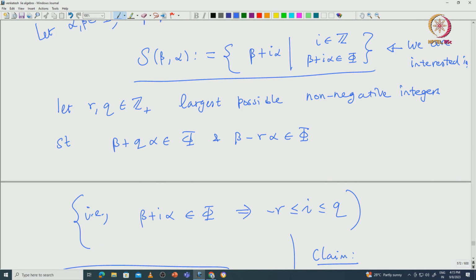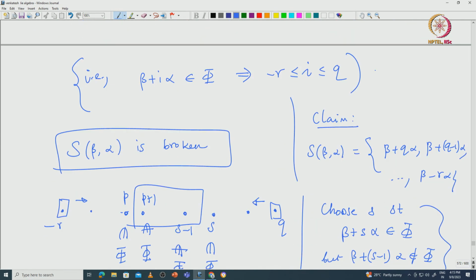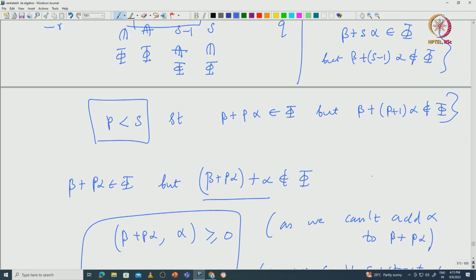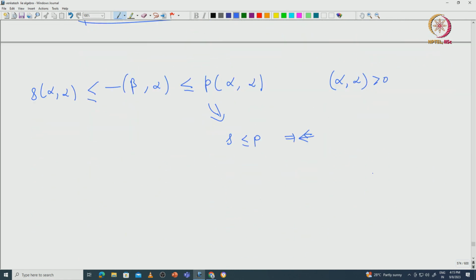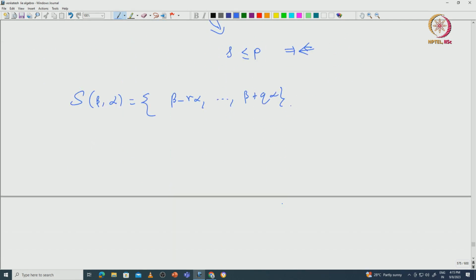So, that means this alpha string through beta should contain all these elements, from beta minus R alpha to beta plus Q alpha. So, this proves the alpha string through beta is equal to beta minus R alpha to beta plus Q alpha. Now note that if we apply this reflection S alpha, that is going to just add some multiple of alpha to each root.